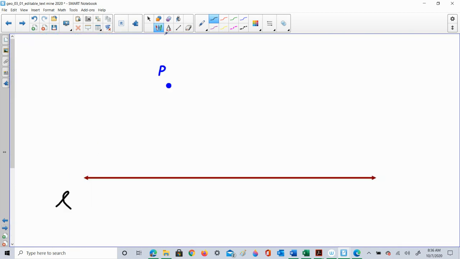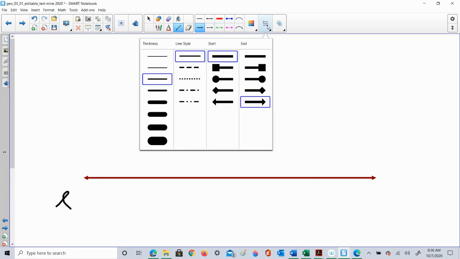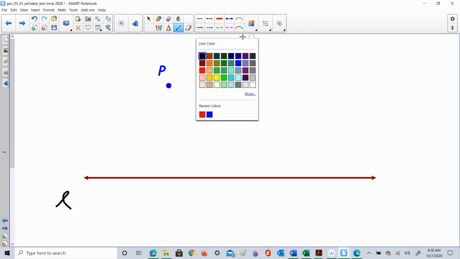What does that look like? Well, there we have a point P and a line L. All this is saying is, how many ways can I draw a line through P that would be parallel to L? And there is only one way to do that.